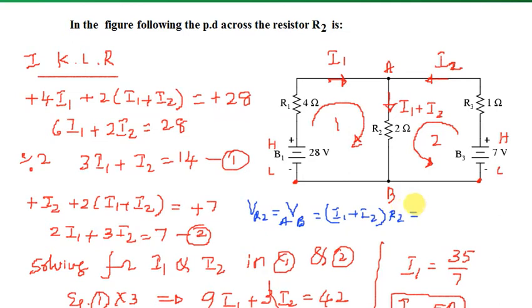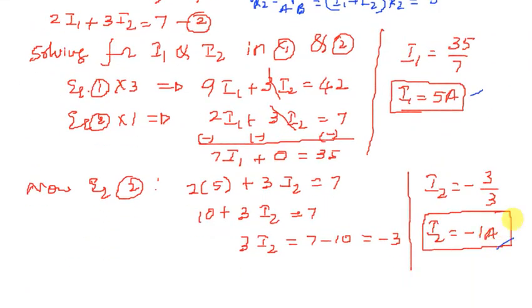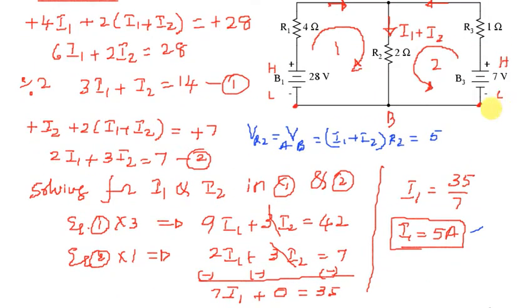I1 is 5 amps, and I2 is minus 1, right? So minus 1 should be written here along with the sign, and it is multiplied by the value of resistance, which is 2 ohm. When I do this, this becomes 4 into 2, definitely it is 8 volt, right?